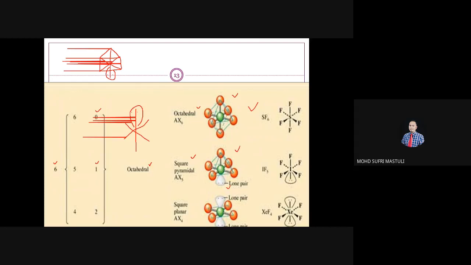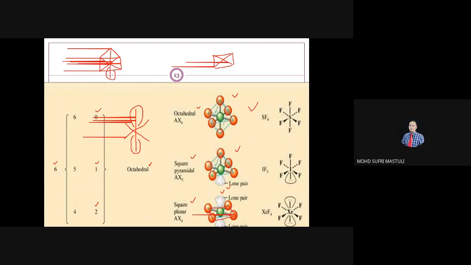If we have two lone pair, so the second lone pair, it can be the bottom one or on the top one, is left behind the square part. This is why we name it square planar. It just remains square like this. Because the top one is a lone pair, the bottom one is another lone pair.